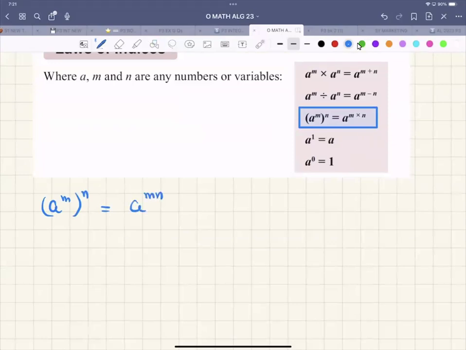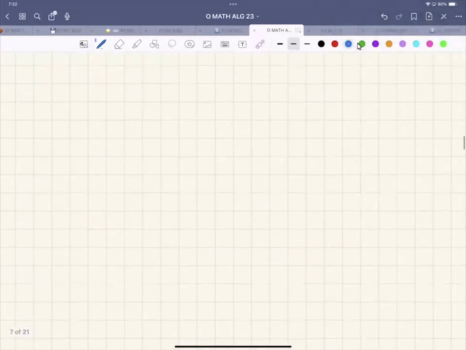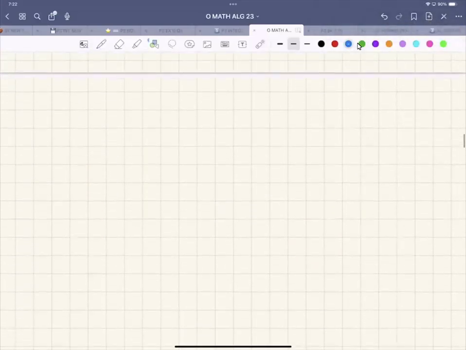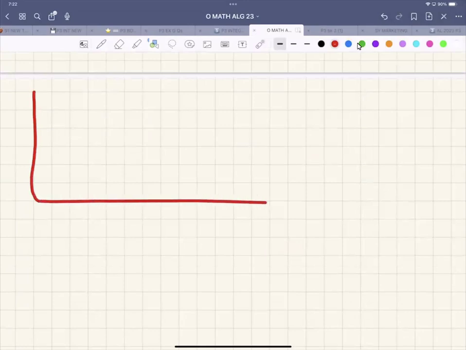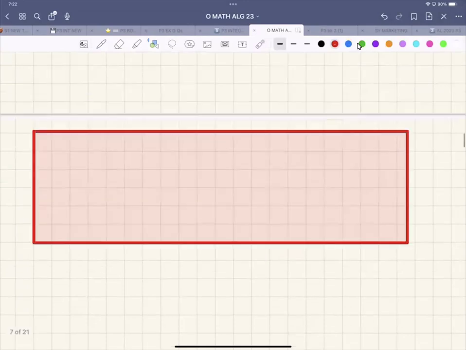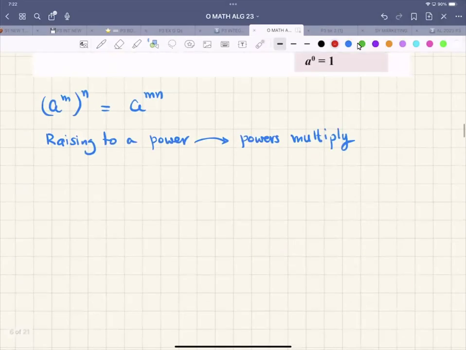So if raising to a power, let me write it like this, raising to a power, then powers multiply. And let me add a page. Over there, I'll be writing two other rules which are not written over here. So let me just make a box.